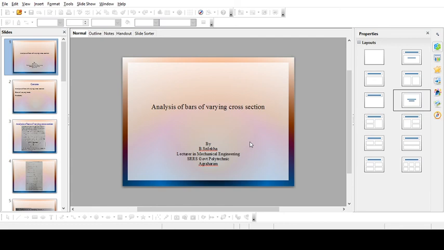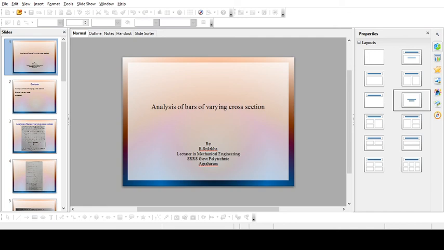If I take different, varying loads, then it is P1L1 by A1E plus P2L2 by A2E.